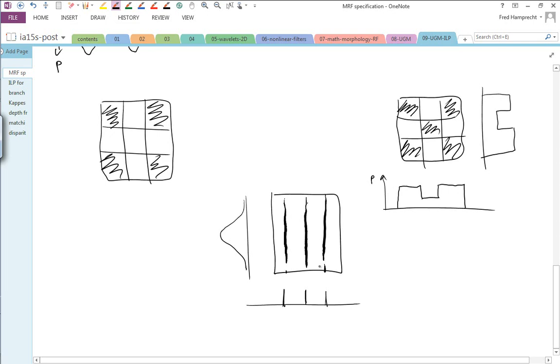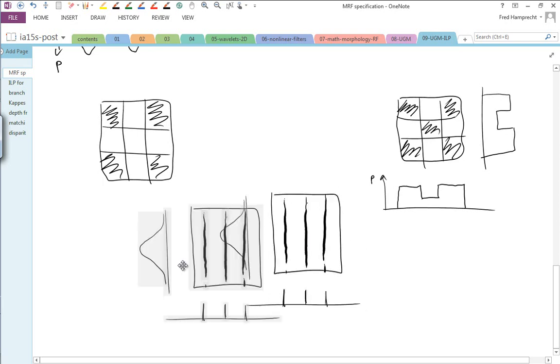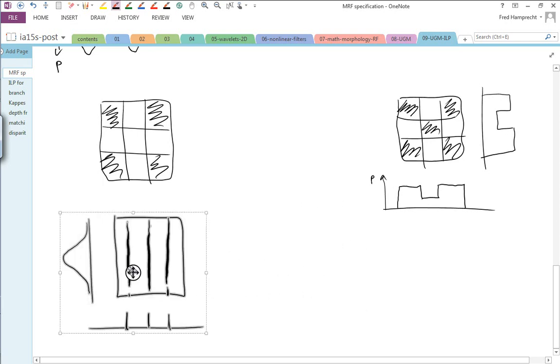So we have three Gaussian densities. This again can be written in terms of independent random variables.